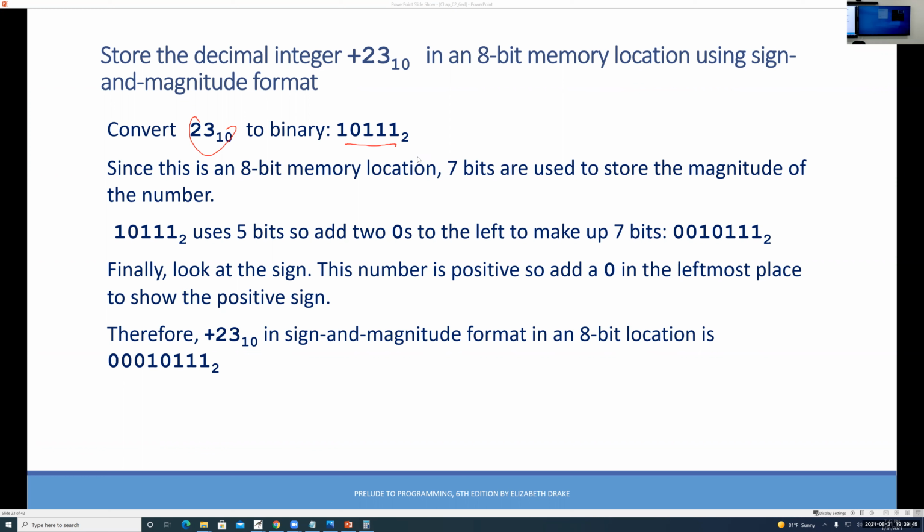Right now you have only 5 bits, so you make it up to 7 bits by inserting two 0s before it. The leftmost bit is the sign, and since this is a positive number, it is 0. If you have a positive number, the sign is 0, and if you have a negative number, the sign is 1.